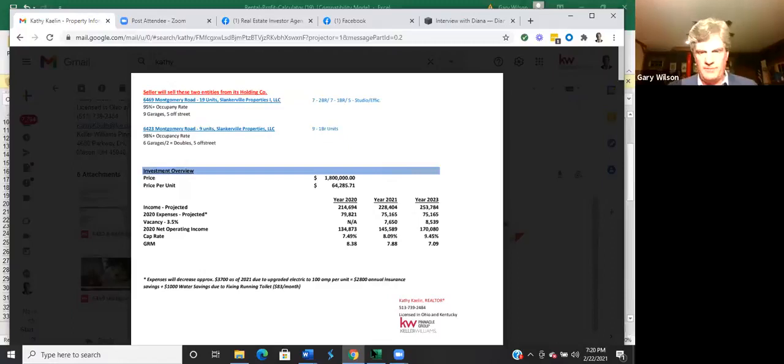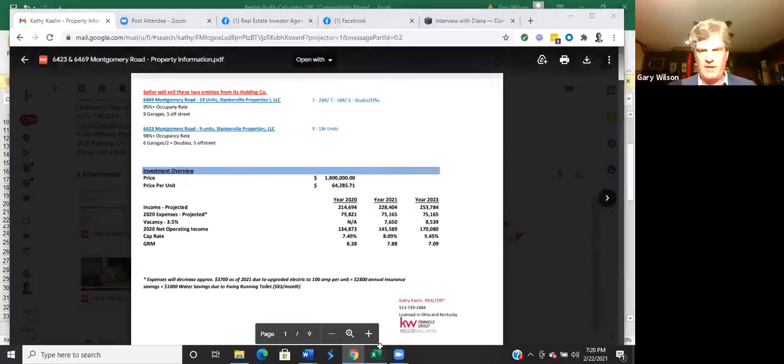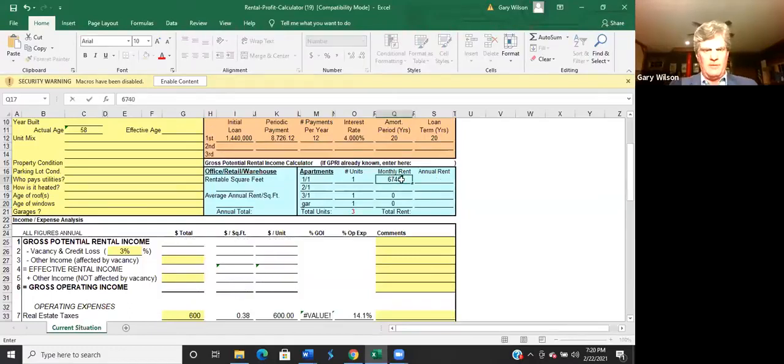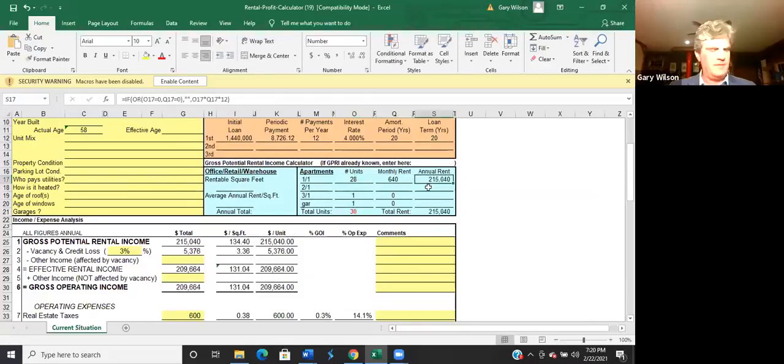Let's call it $640 a month on average. We're going to say 28 units. And there you go, 215,000 for the year.